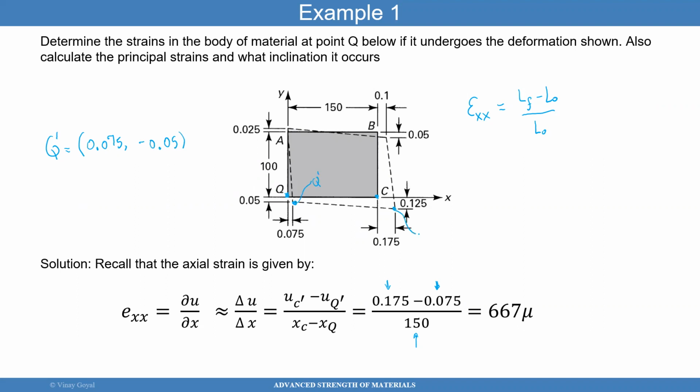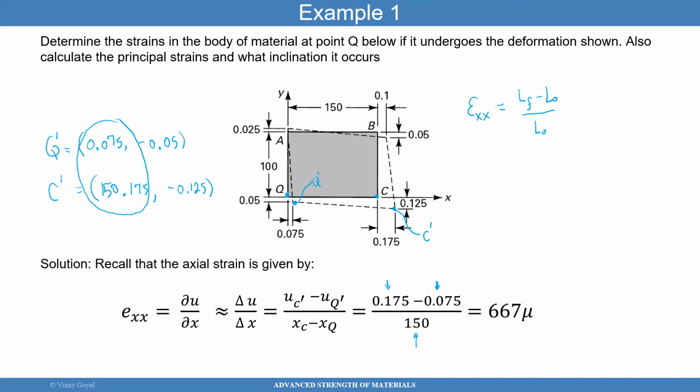And point C prime, which is this one here, is located at, if it moved 0.175, 150.175. And it moved downwards actually also by minus 1.25. So you can find the final length by subtracting these two numbers.